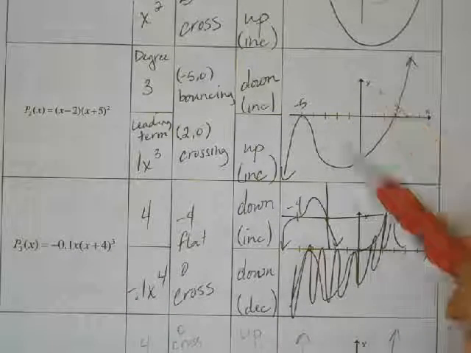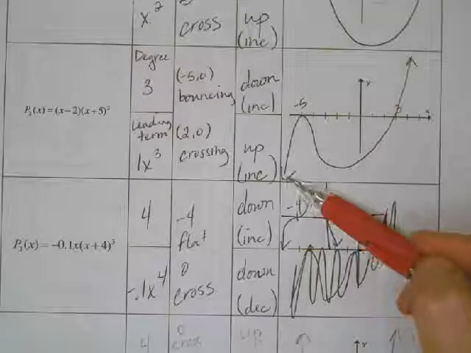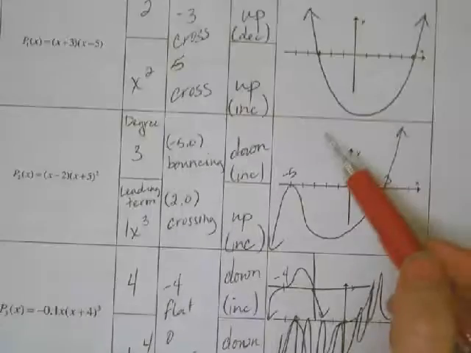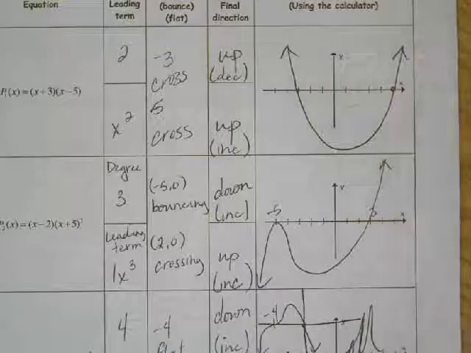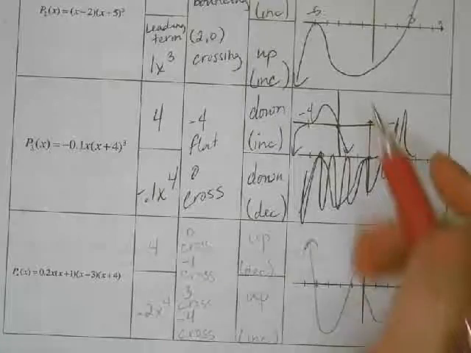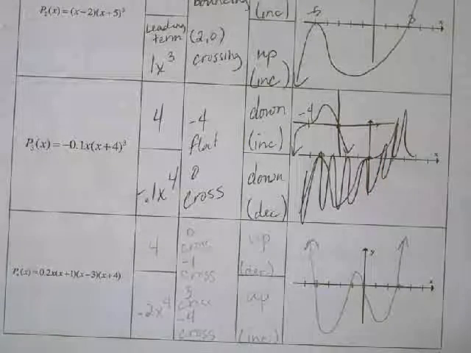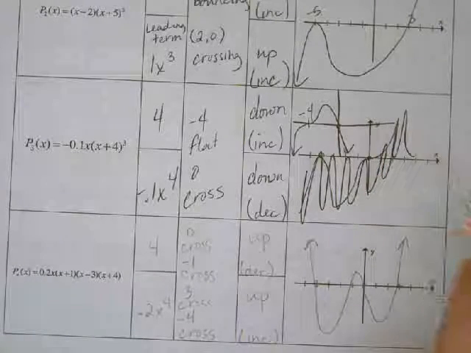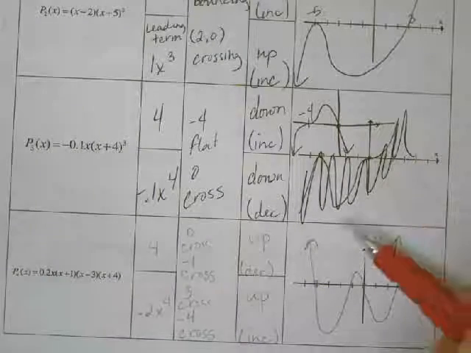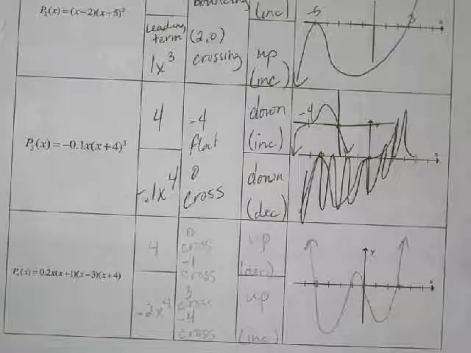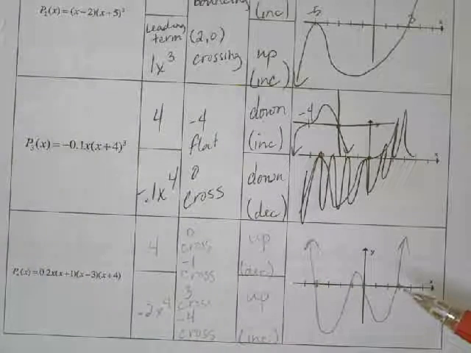If you just want to use the arrows to talk about direction, this is down and up. If you look at the previous one, it's up and up. And if you look at the next one, it's down and down. So you can talk about it either way, whichever one makes more sense to you. But if you're talking about the arrows, use up and down. If you're talking about the y values, use increasing and decreasing.